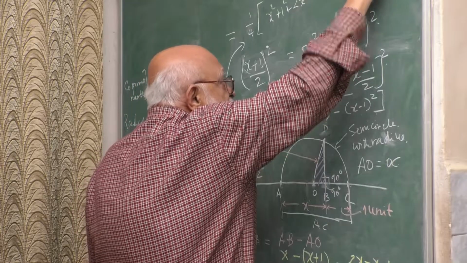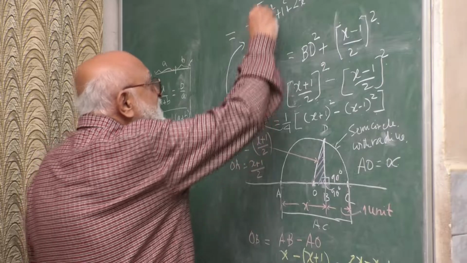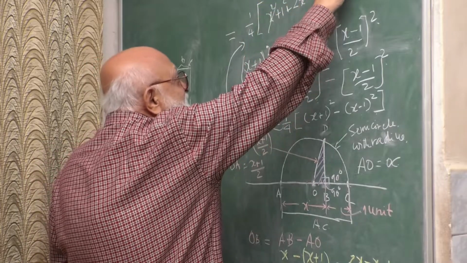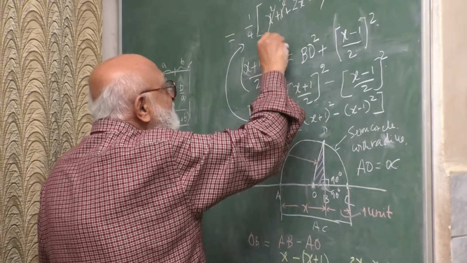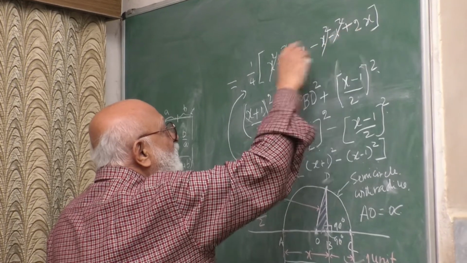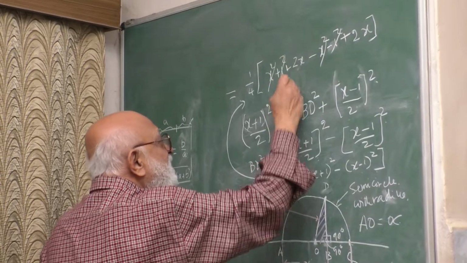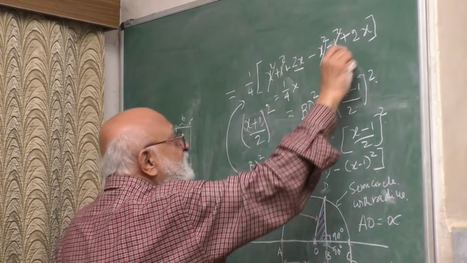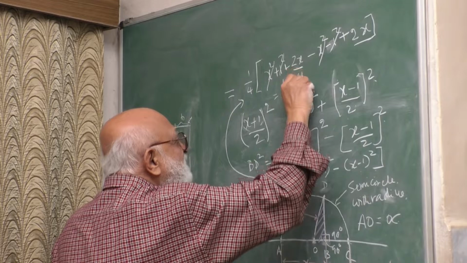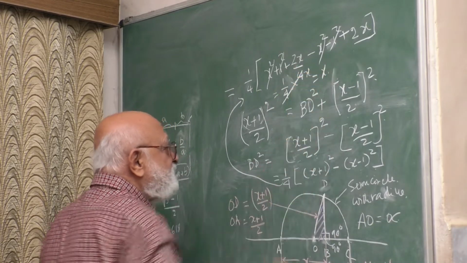This is done. Okay. Now these and these and these and this will cancel. So I will have 1/4 into 2x plus 2x, that is 4x. So this gets cancelled, so I will have x.